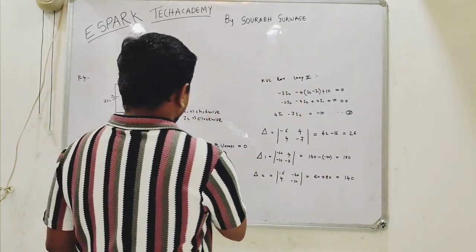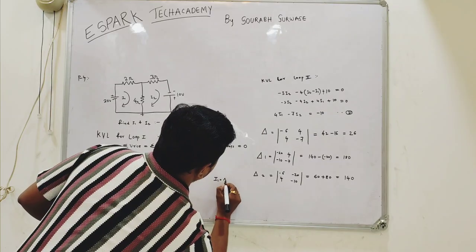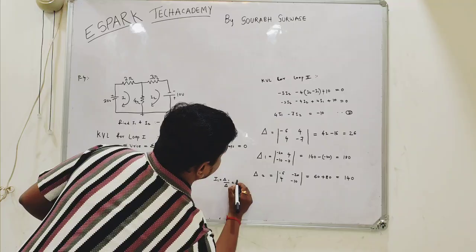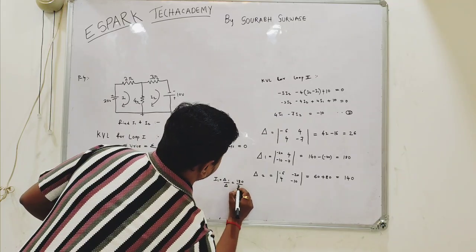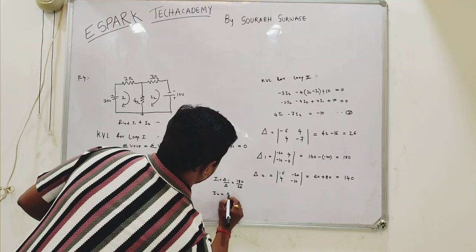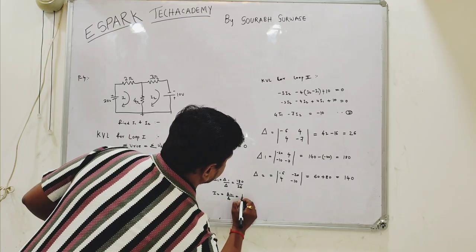Now for calculating I1, as you know, delta 1 divided by delta, it will be 180 divided by 26, and I2 will be delta 2 divided by delta, which is nothing but 140 divided by 26.